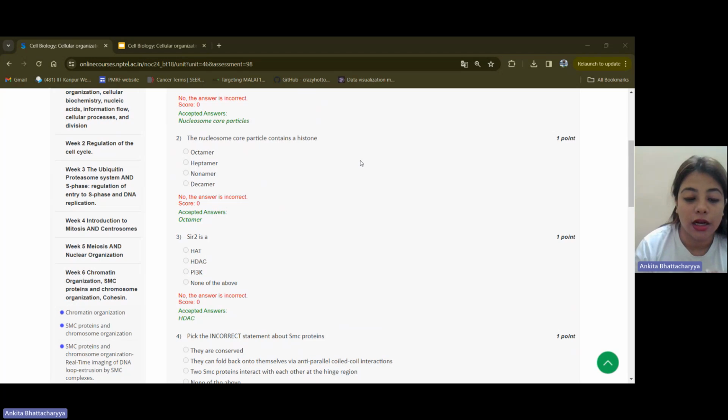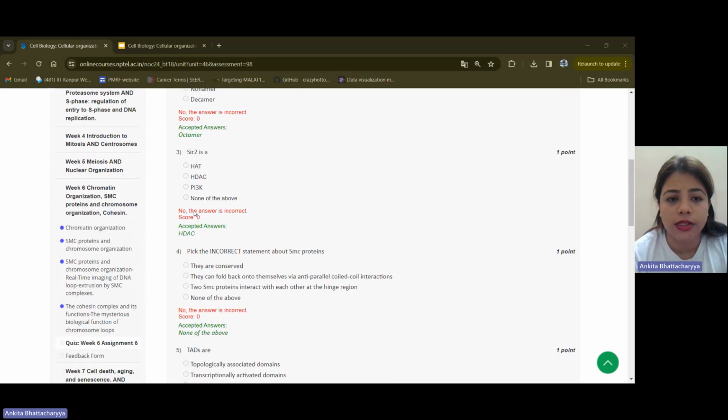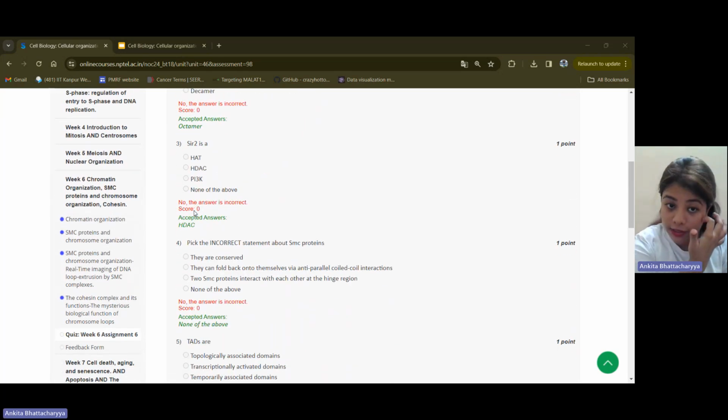Therefore it heterochromatinizes that region further and makes it inaccessible to the transcriptional machinery, or makes it transcriptionally repressed, let's not call it silenced. It can be accessed by the machinery if it really wants to, but that region is somewhat repressed as compared to when it is acetylated. So the answer in this case would be the HDAC.